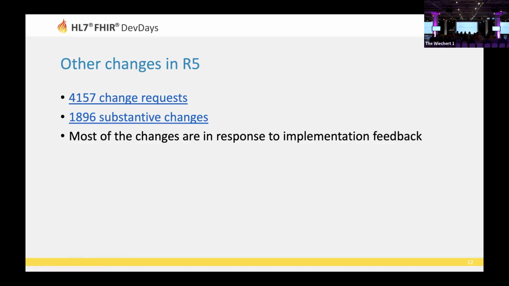Go read release 5 and see what we said. We might have said something about that because someone said it's not clear. Sometimes we responded by redesigning, and you're like, oh, well, at least I know why I'm in trouble. Other times we might have clarified or given some suggestions. So it's worth reading release 5.